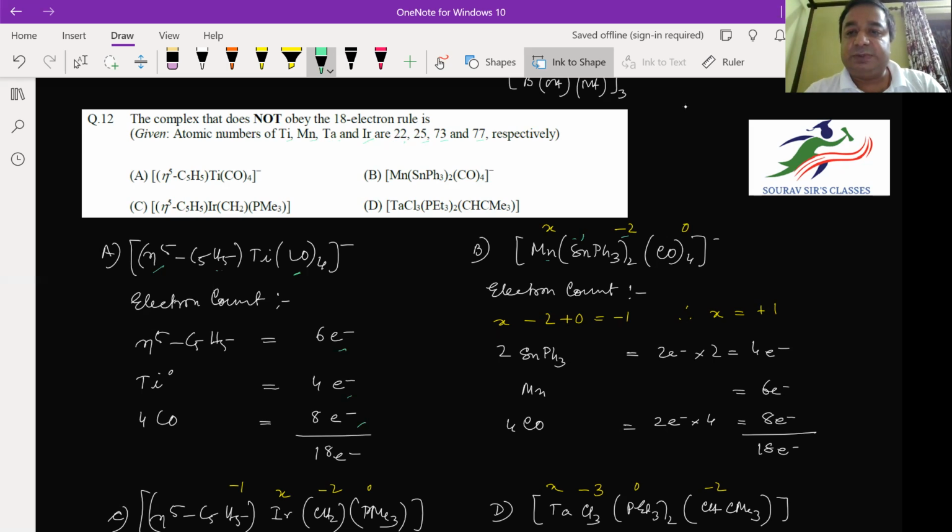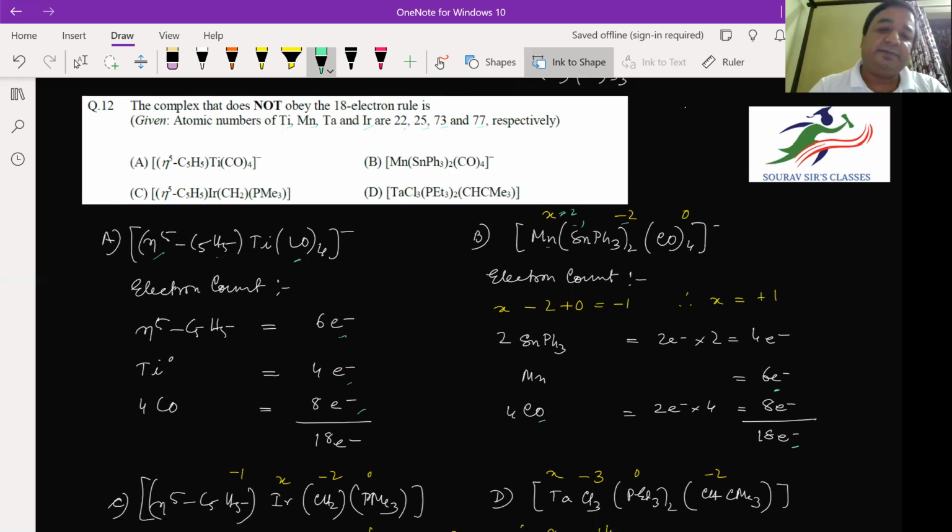So it will be Mn2, X here is going to be equal to 2. So that means it is a d6 system. And then for each SnPH3, since there are 2, so 2 electron into 2, that is 4 electrons. For the 4 carbonyls, it is 2 electron into 4, so it's going to be 8. Again, this is an 18 electron system.